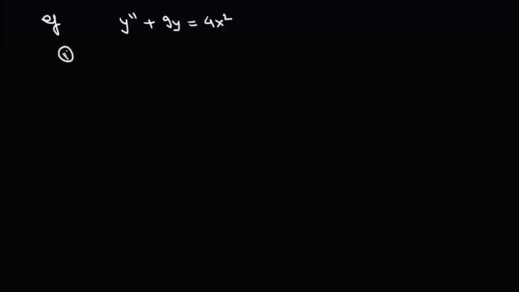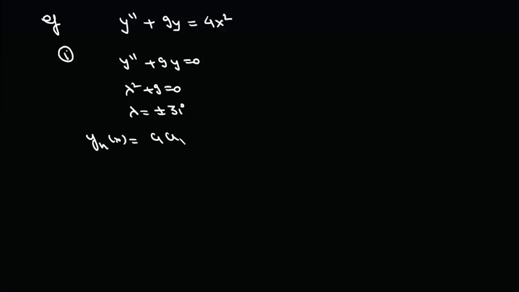The first part is, we'll find the solution to the homogeneous differential equation. So we are going to write y double dash plus 9y equals 0. We can write lambda square plus 9 equals 0. Now lambda is plus or minus 3i. Now we can simply write this yh(x) as c1 cos 3x plus c2 sin 3x.